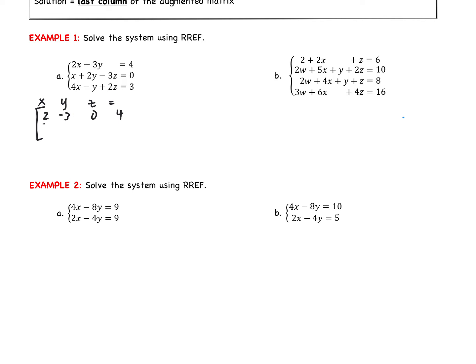Next line, we have 1x, 2y, -3z equals 0. Last line, we have 4x, -1y, 2z equals 3. So that is our matrix.